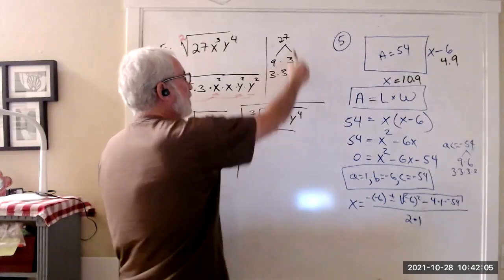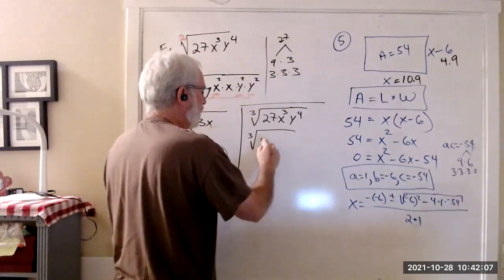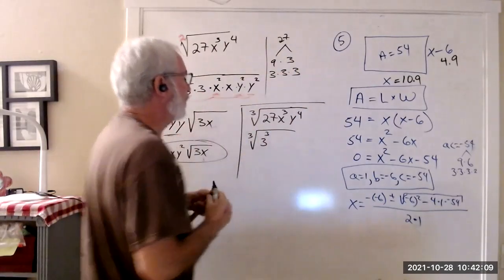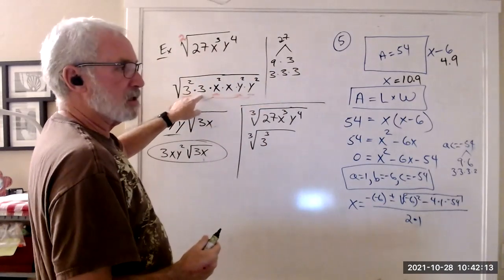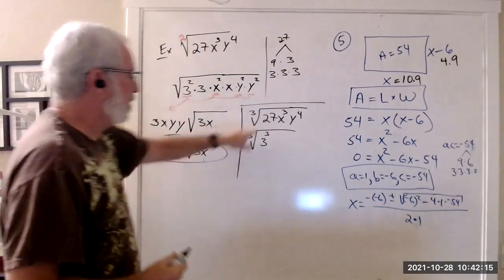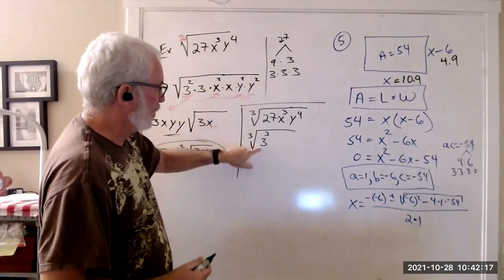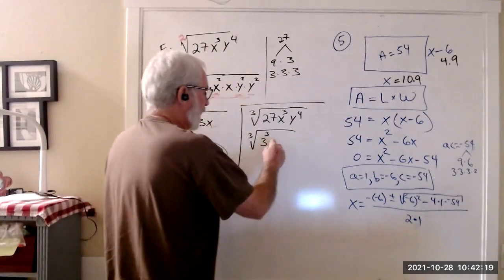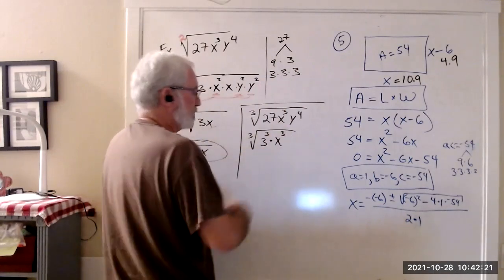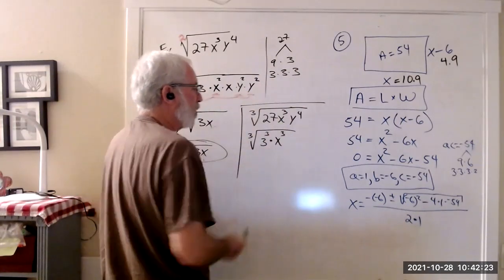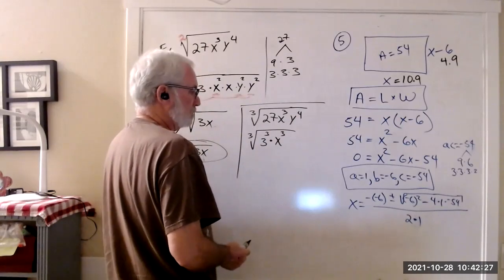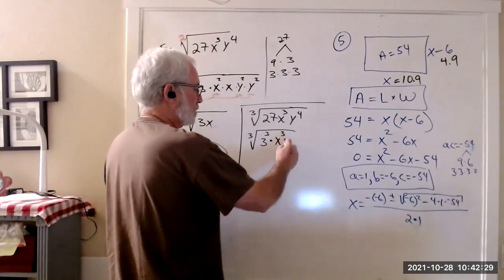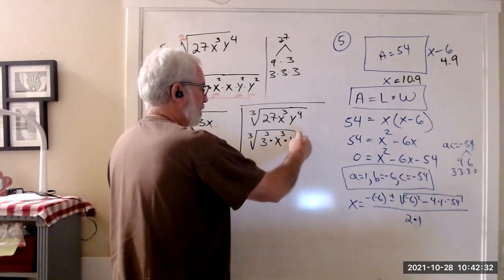So 27, I've done the work up here. It is 3 to the third. Before I used it as 3 to the second times 3 because it was a square root. Now I'm just using it as 3 to the third. X to the third, because it was already there. But what about y to the fourth? What do I got to do with it? I guess you can write it as y to the third times y.